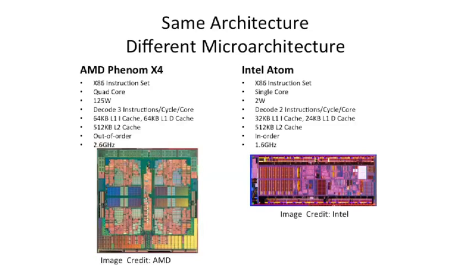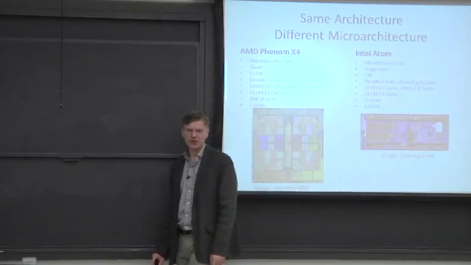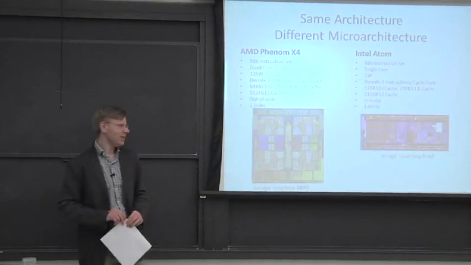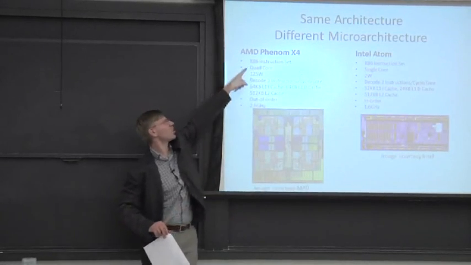Let's take a look at an example of something where you have the same architecture but different microarchitectures. So here we have the AMD Phenom X4. And here we have the Intel Atom processor, the first Intel Atom processor. And what you'll notice, actually, is that they have the exact same instruction set architecture.